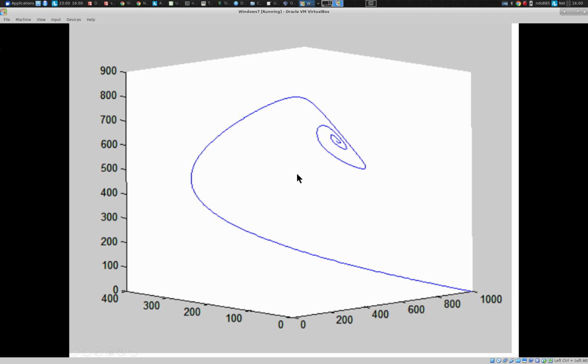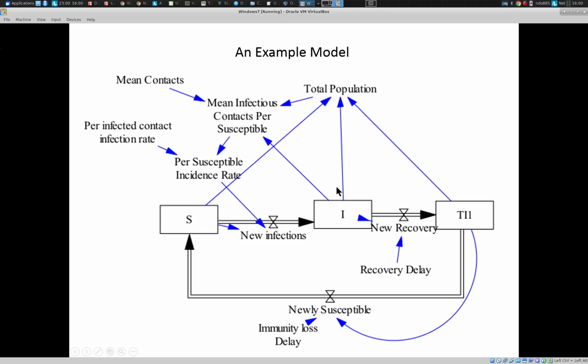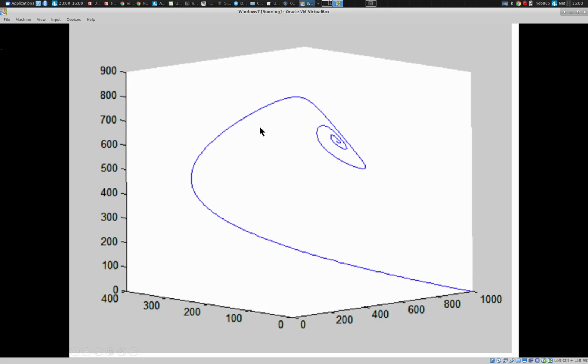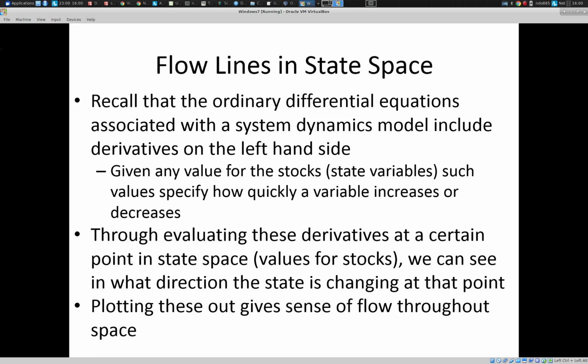Or if you were put over here, how would it be sucked in? It turns out that falls out of these equations. If you have a current value of S, I and R, we could figure out the change to S, the change to I, the change to R, and we could figure out where it would go next.